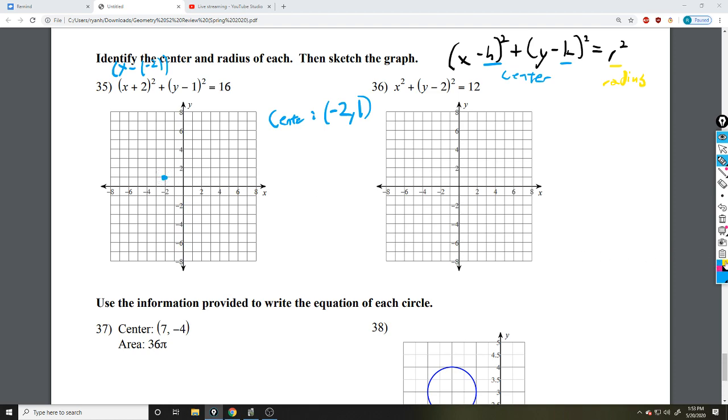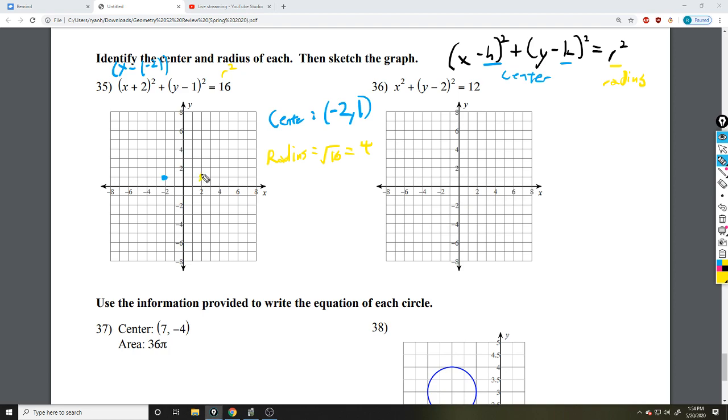And our radius, remember this is r squared, so r squared is 16. So take the square root of 16 to get our actual radius, which is 4. So that means every point on the circle has to be a distance 4 away from that center.